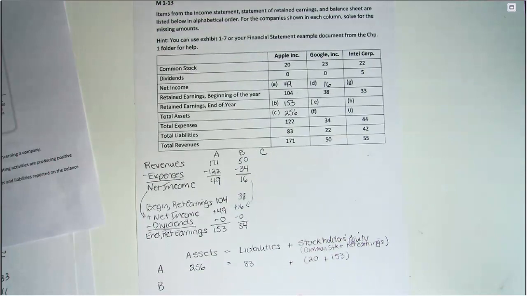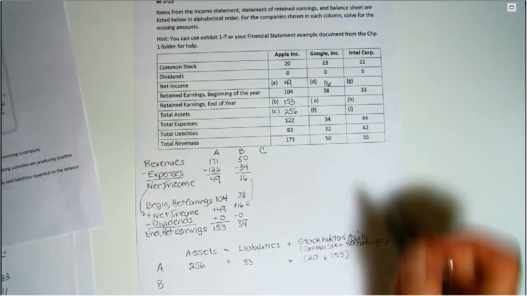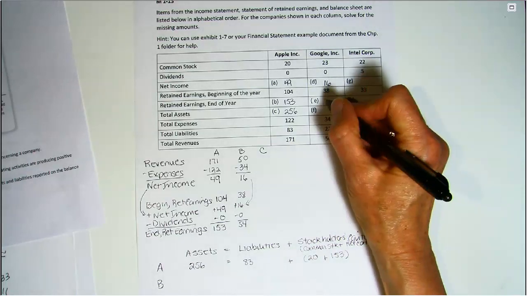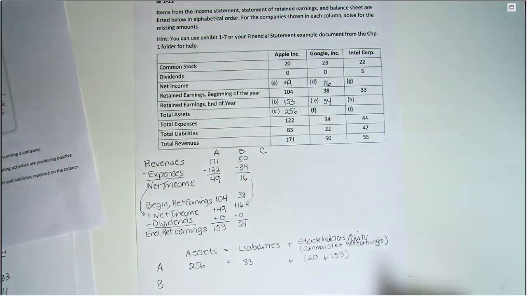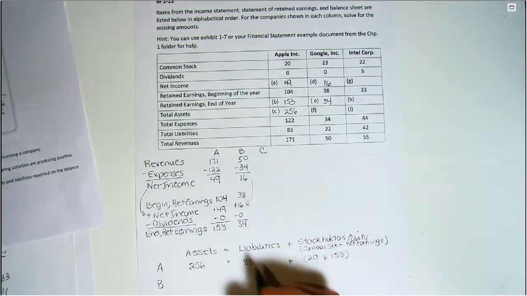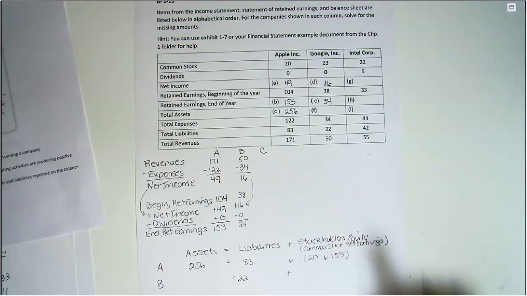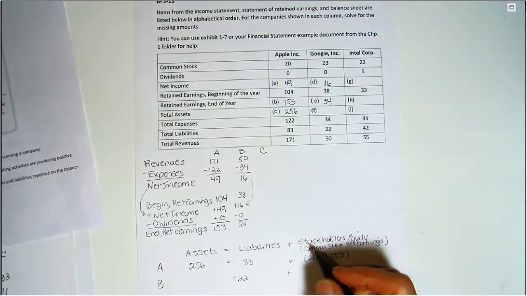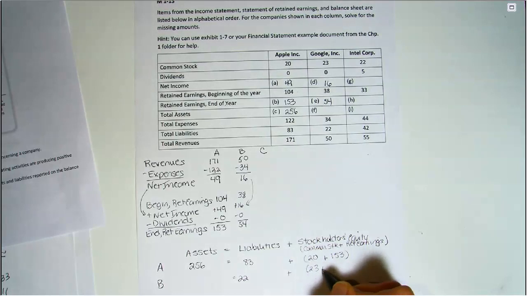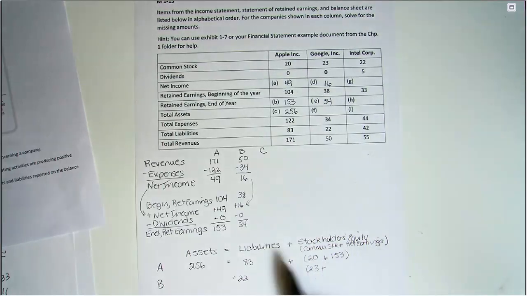Now to calculate our total assets on the balance sheet, we would find our liabilities. They are 22. And we'd have to add in our stockholders' equity. It's in two parts. There's the common stock, 23. And retained earnings, we just calculated that.